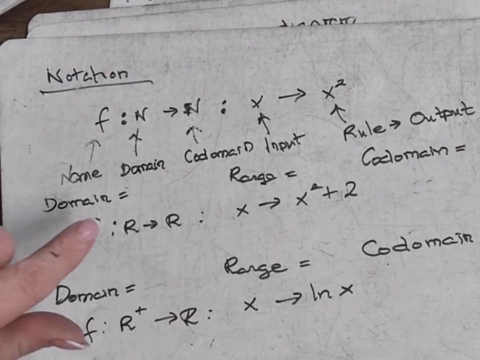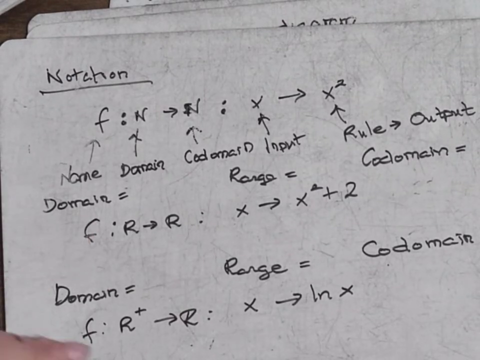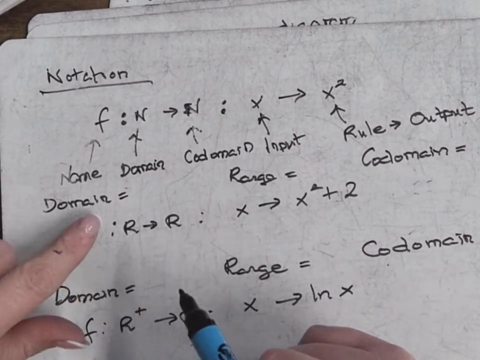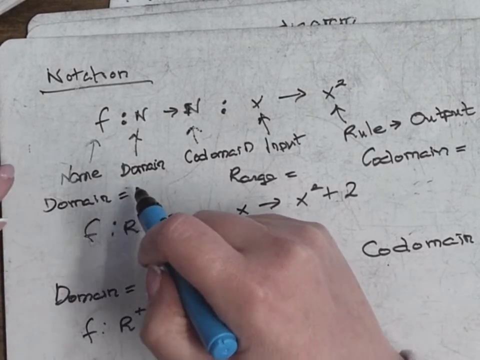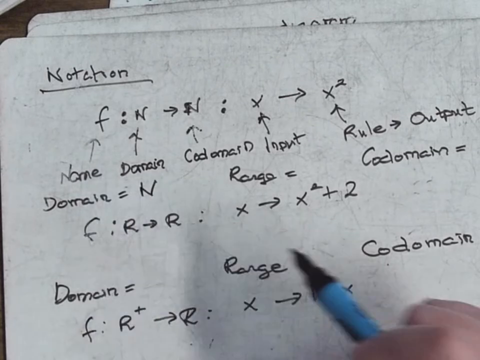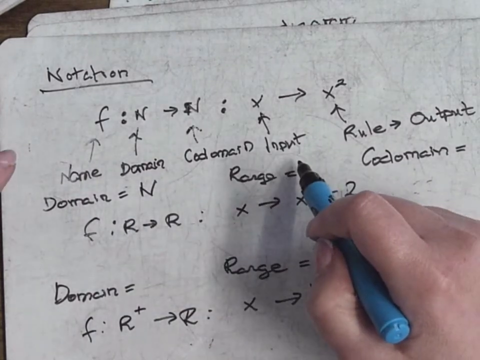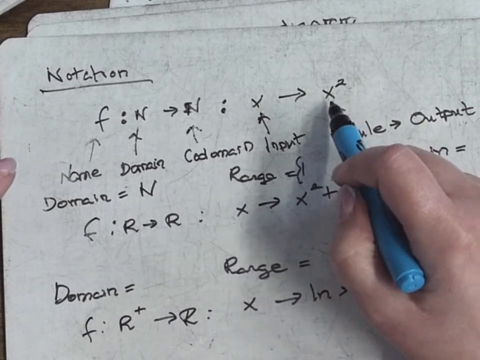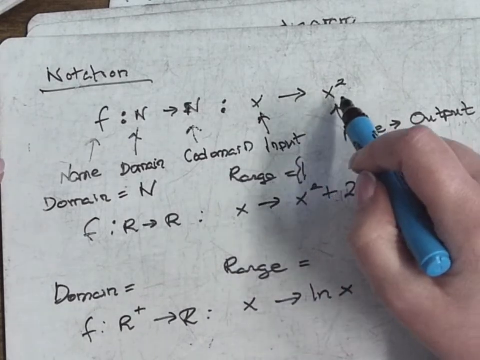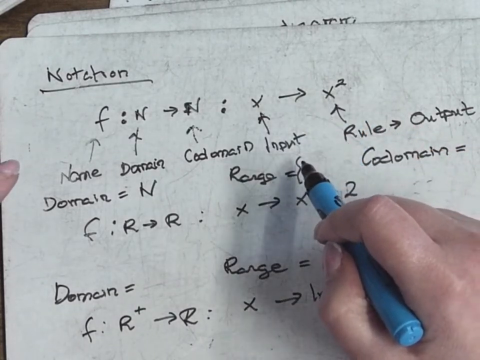Just to go back to my explanation of domain, range and codomain. The domain is everything you're allowed to put in. So what am I going to put in? I'm going to put in all the natural numbers. The range is what actually comes out. If I put in a 1, I'll get out a 1. If I put in a 2, what'll I get out? 4.